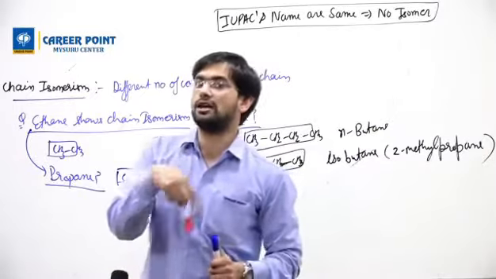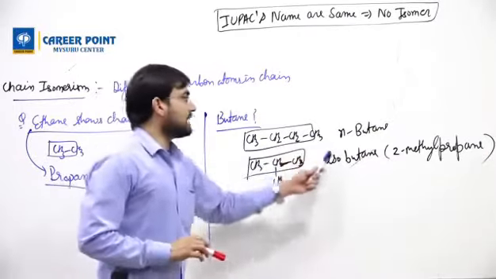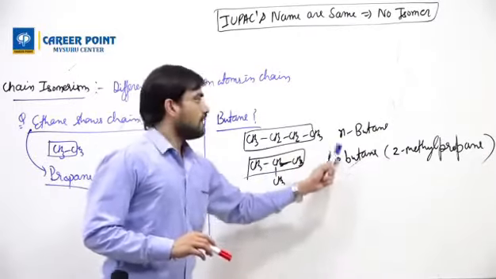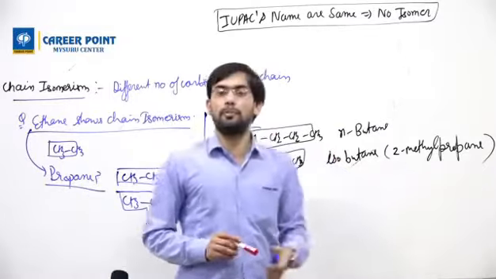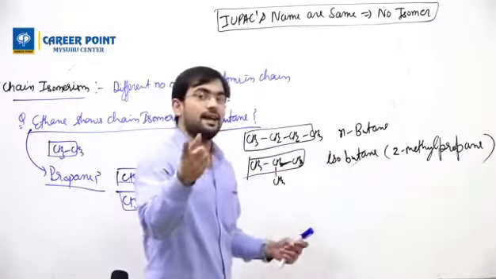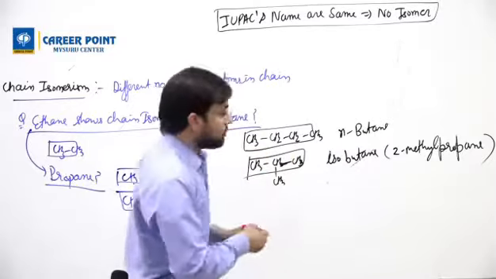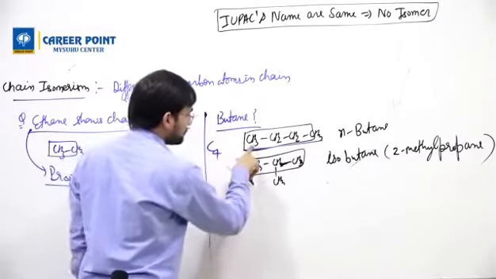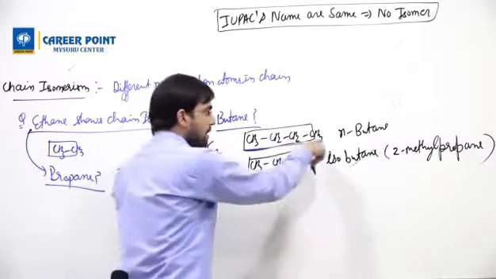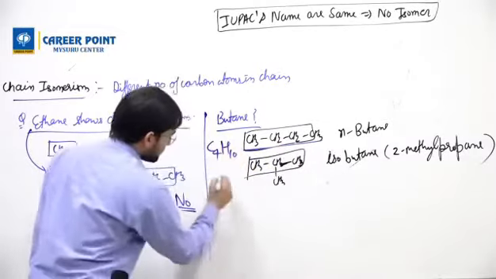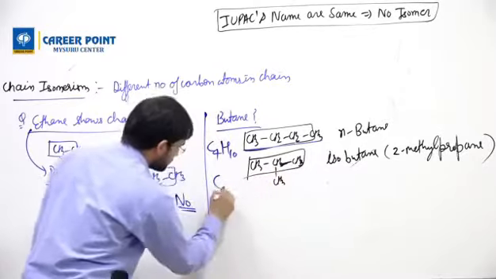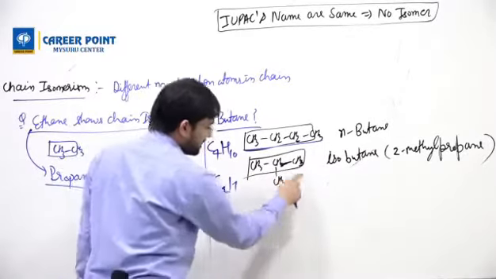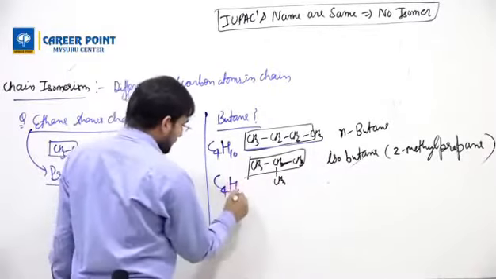but their molecular formula is the same, names are different. One is butane, one is 2-methylpropane. If the names are different, then I'll look for the molecular formula. Carbon how many? 4. Hydrogen: 3 plus 2 is 5, plus 2 is 7, plus 3 is 10. So C4H10.